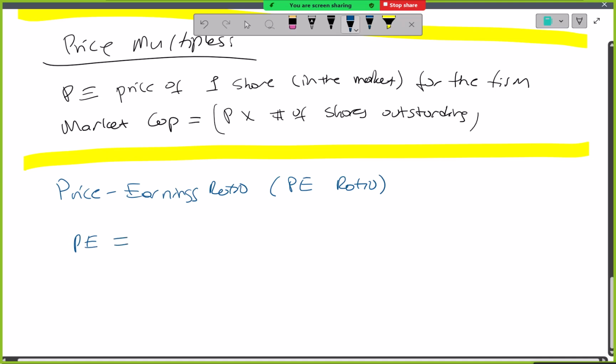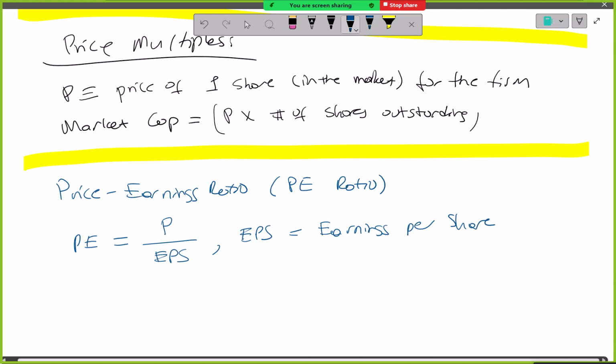You can write it as price per share divided by EPS, where EPS is short for earnings per share. Anytime you see a PS, unless we say otherwise, assume that means per share. Right?